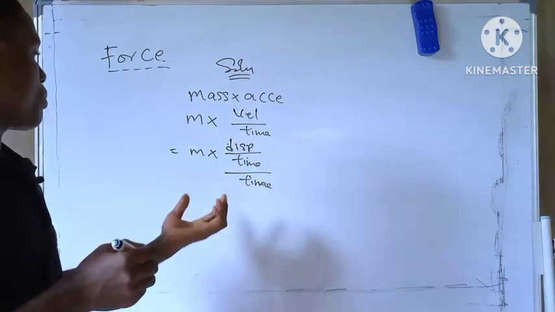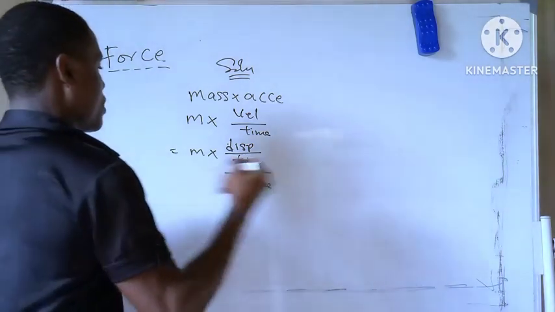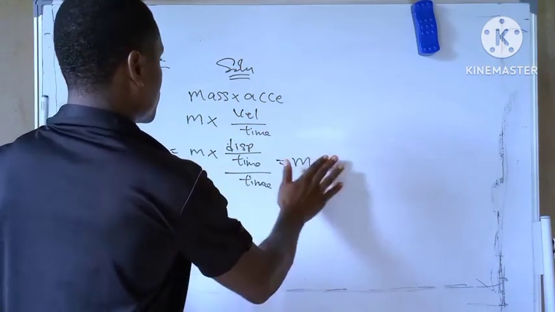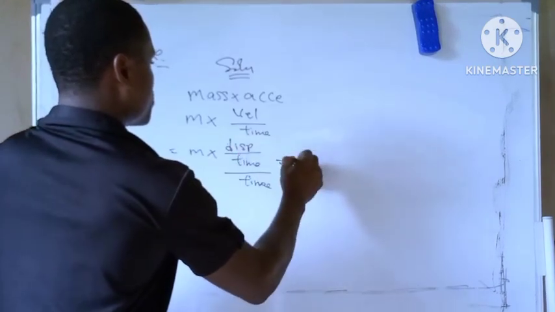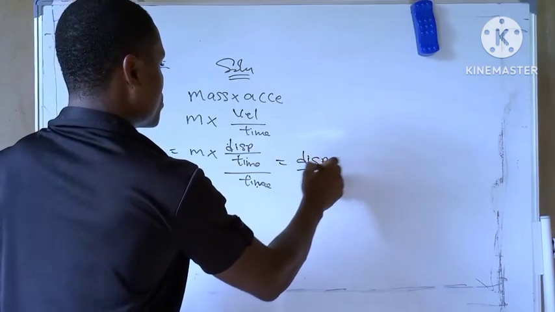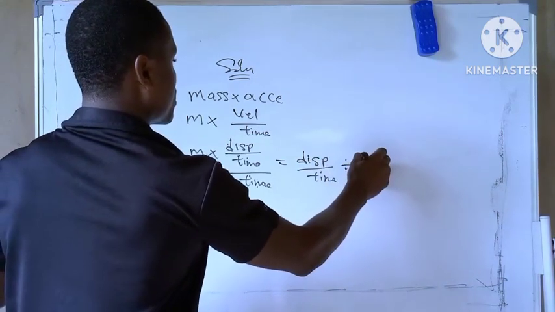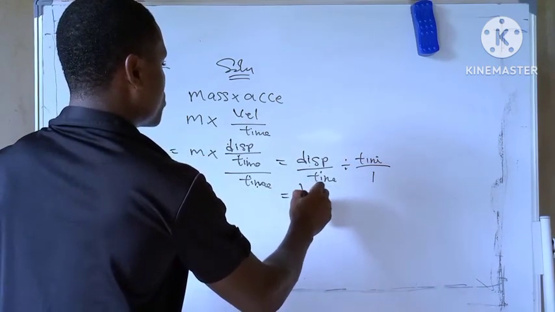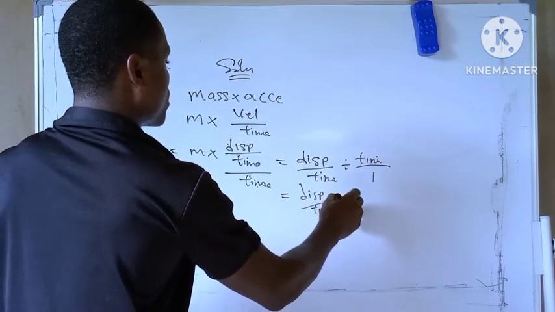So the next step is to multiply these two together. Are you getting it? Let me write it this way so you won't be confused. So we have displacement all over time, right? We can still write it this way: displacement all over time divided by time all over 1 equals displacement all over time multiplied by time.